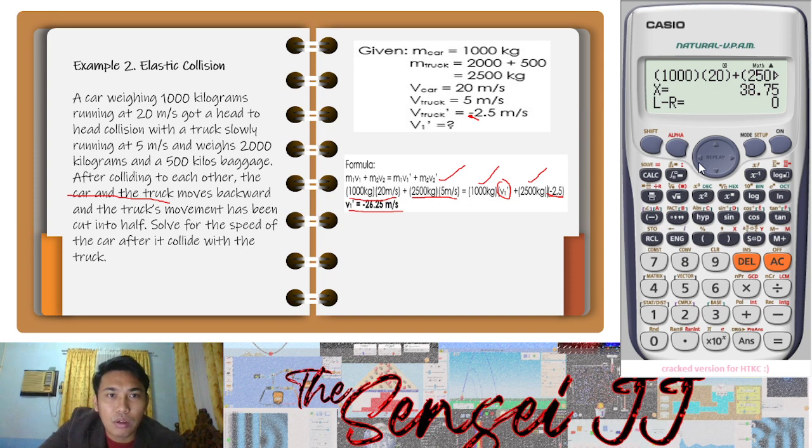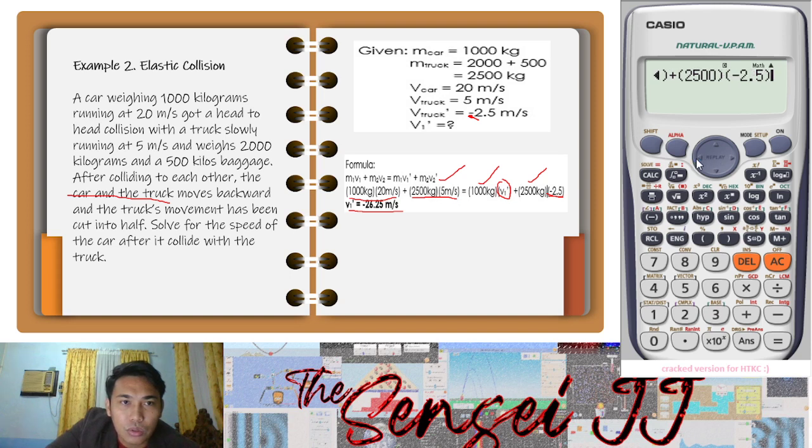38.75. Oh, so how did that happen, and why do I have the answer of negative 26.25? So let's try to see where I got it wrong.